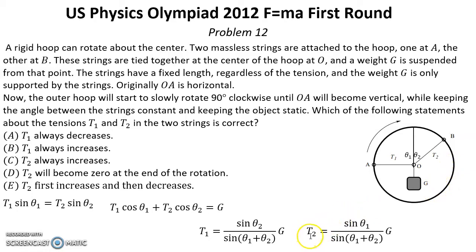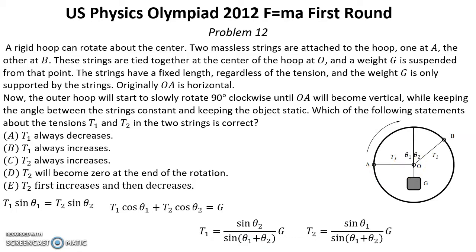And for T2 we have initially sine θ1 is 1, so it means that T2 has a maximum, and finally it's reducing till 0 in the position when θ1 is 0. So that's the behavior for T1 and T2.